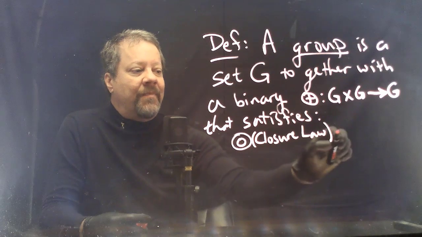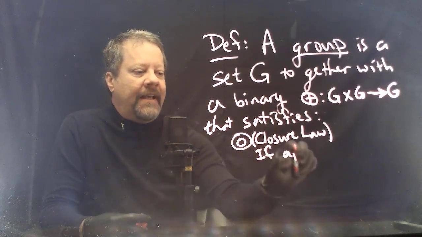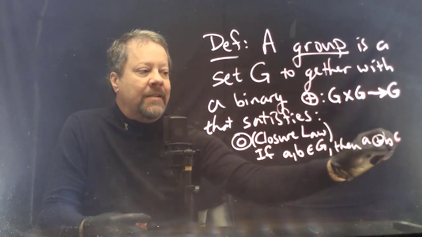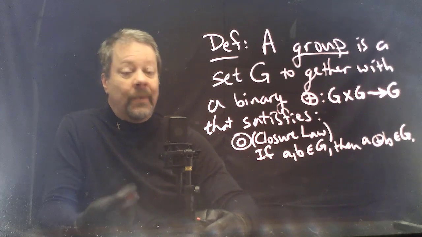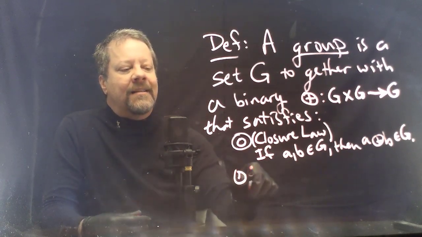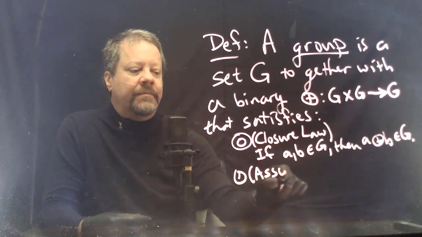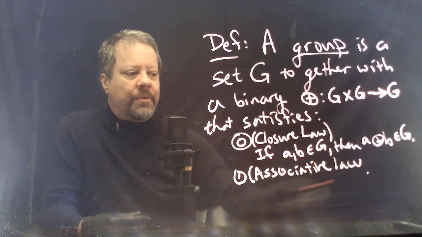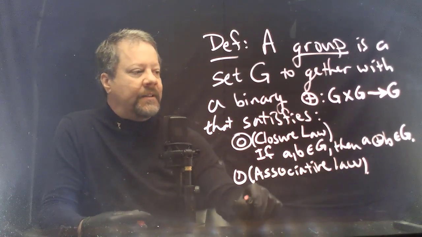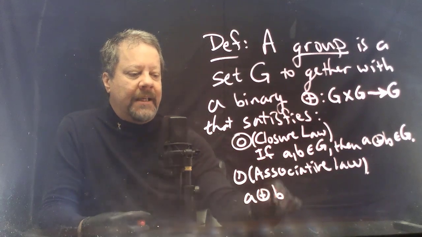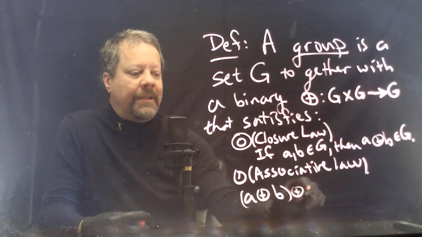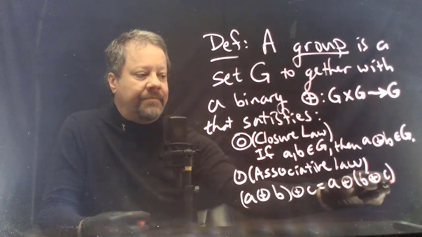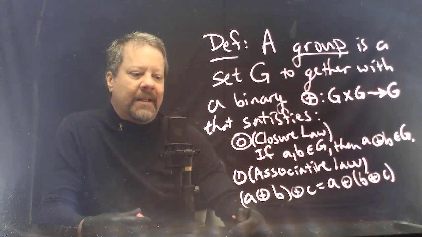So if A and B are elements of G, then A circle plus B is also an element of G. Well, duh. The second property is the associative law. It's very unusual when things don't satisfy the associative law, but that's A circle plus B circle plus C gives you the same thing as A circle plus B circle plus C. So it doesn't matter how you associate this plus.